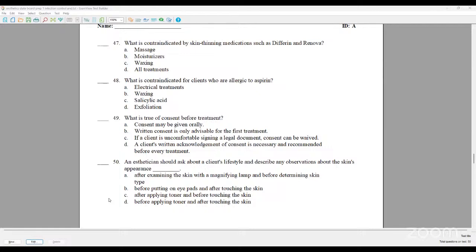Right. Exactly. And if you look at A, after examining the skin, you talking to them, that means they come in and you've done nothing but sit them straight down. So yes, before you do anything, they have the consultation and then skin analysis.